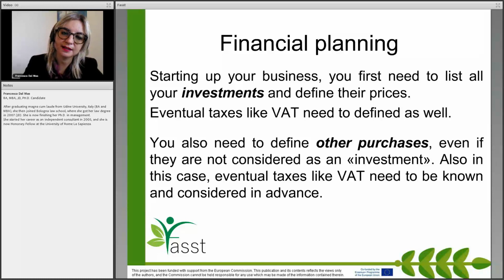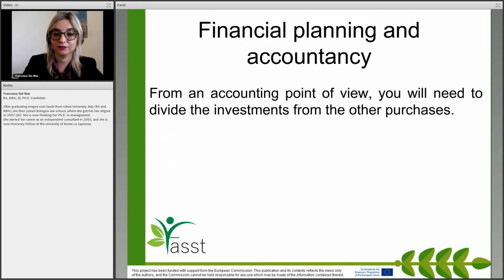Besides investments, it is also important to define and consider a comprehensive list of other purchases, even if they are not considered as an investment from an accounting point of view. And also in this case, eventual taxes or extra charges like VAT need to be known and considered in advance.